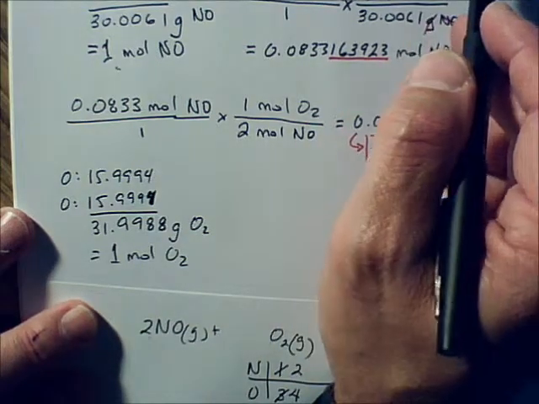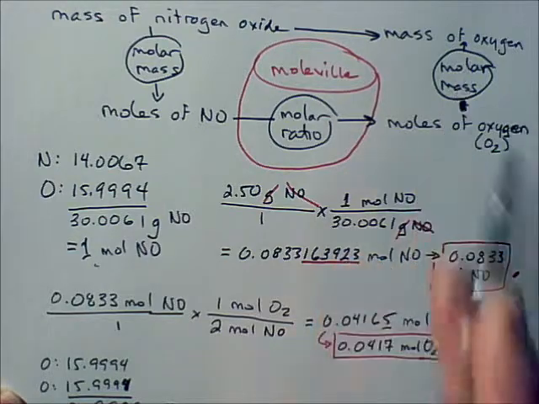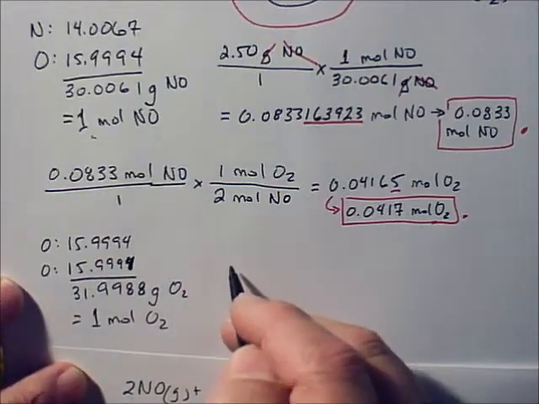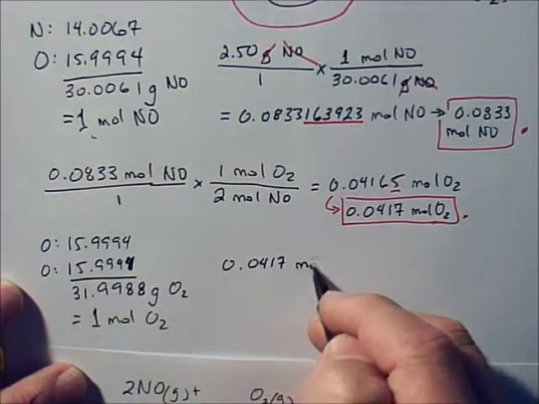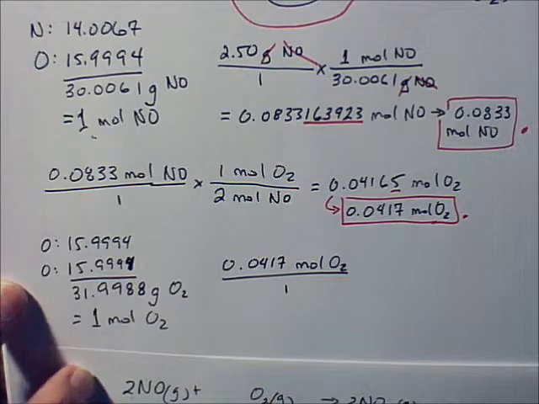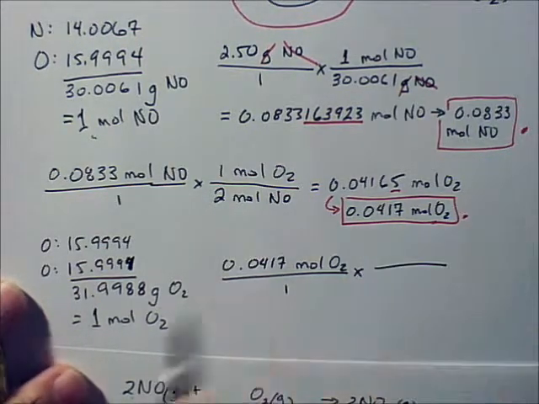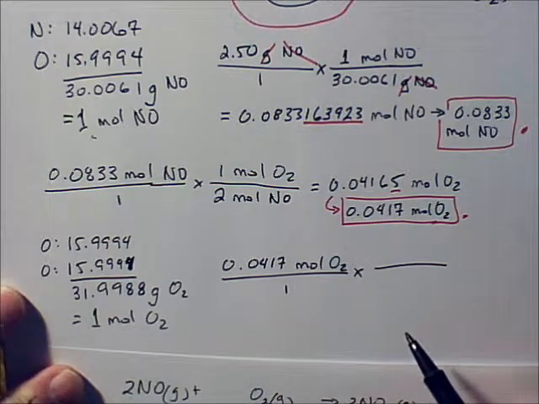We still got to get from here to here. So we got to put this over 1, and use this equality statement to build the conversion unit to find the answer.